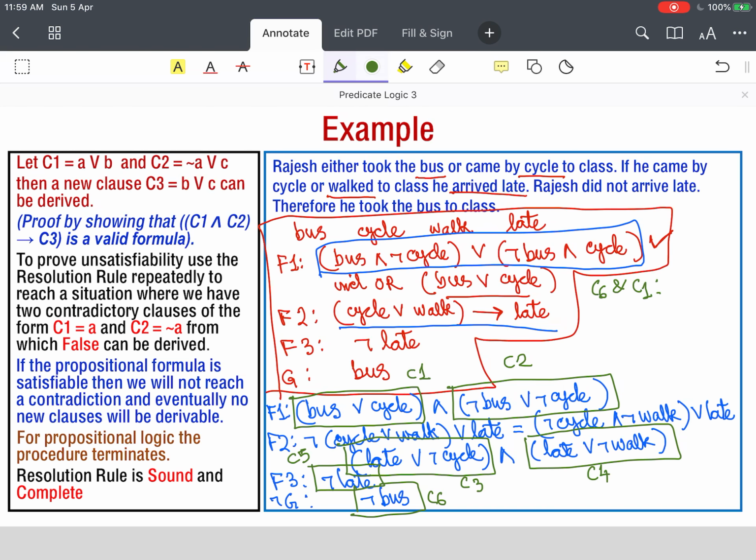Now it is not difficult to see how we are going to use our methodology. So let us say we take C6 and C1. C6 contains not bus, C1 contains bus or cycle. From that we will derive a new clause, C7, which is cycle.